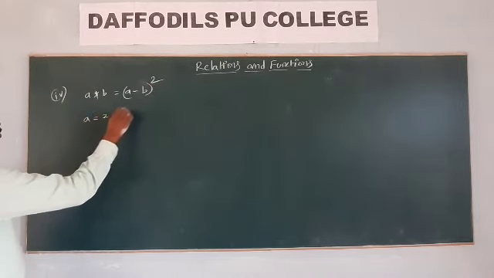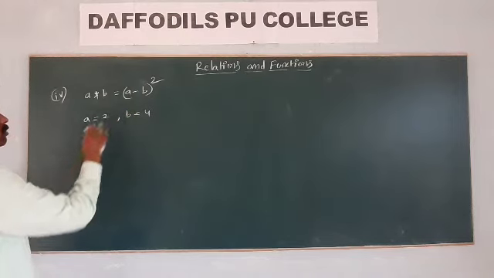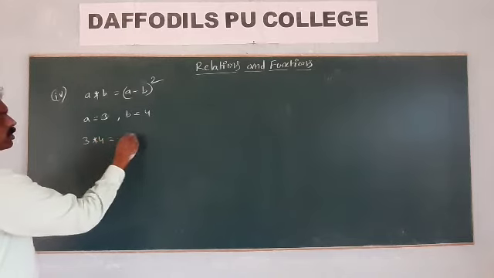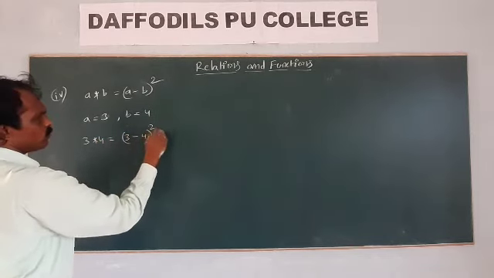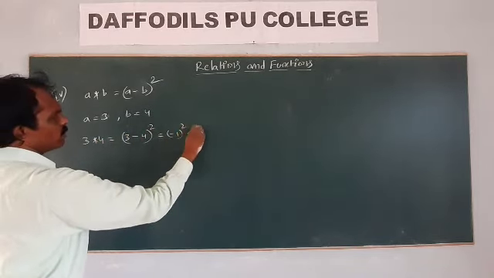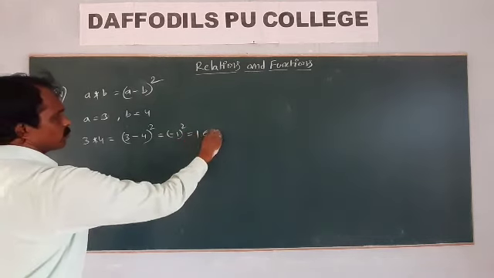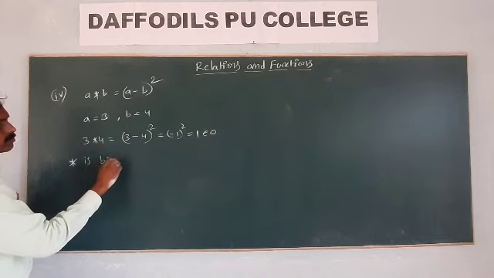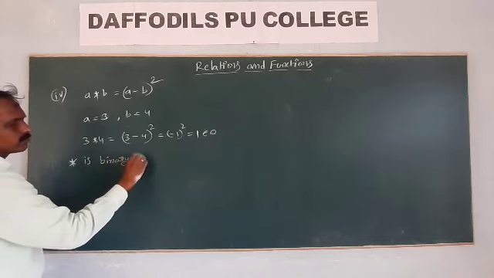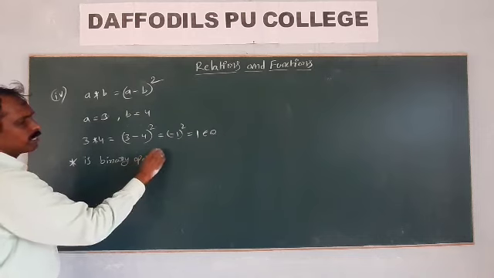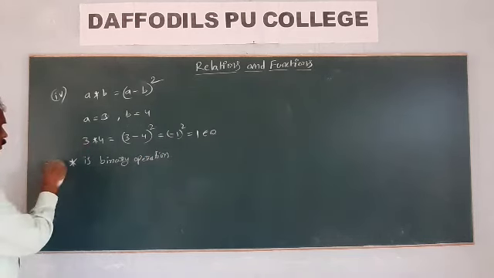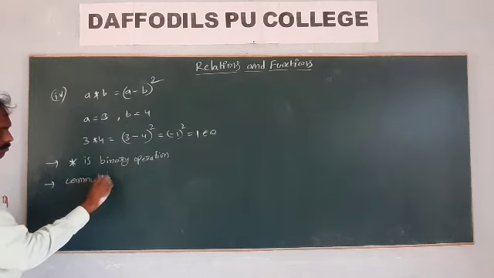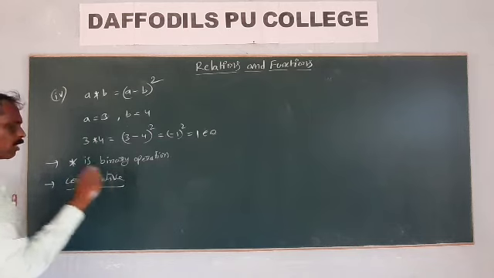A is equal to 2, B is equal to 4, this is 3. 3 star 4 is equal to 3 minus 4 whole square, minus 1 whole square is equal to 1, which belongs to Q. Okay, star is a binary operation. Complete. Next, what is the next bit? Commutative property.